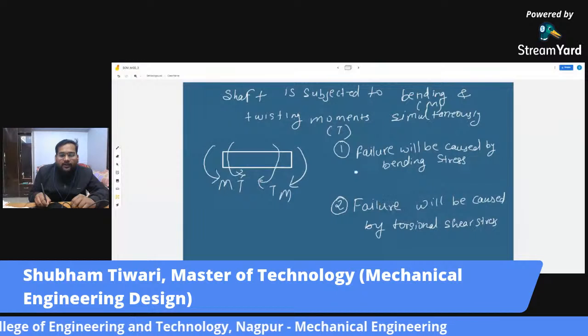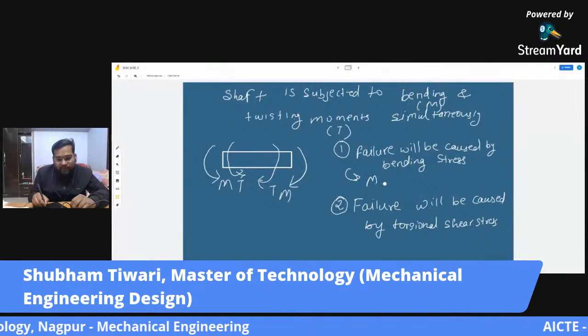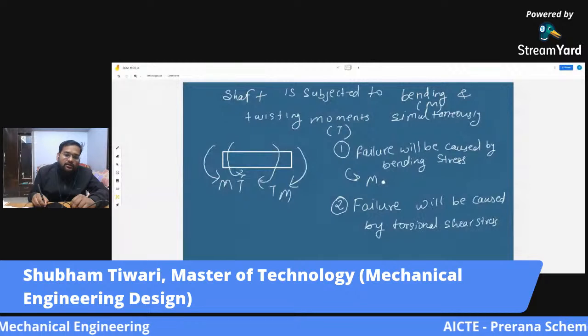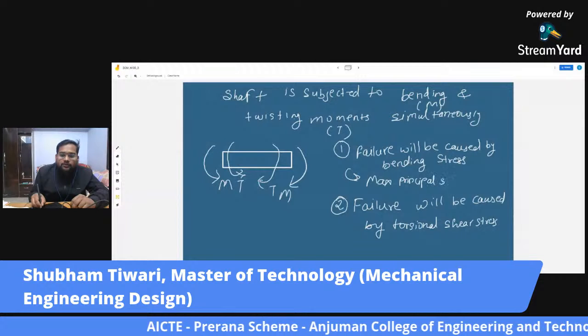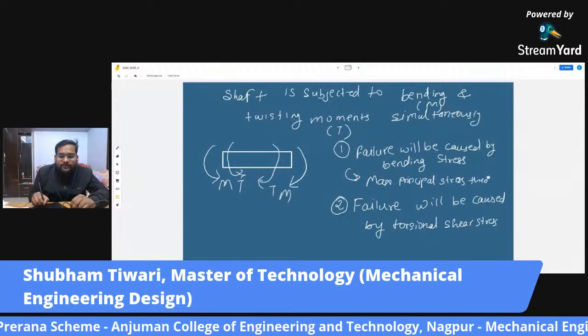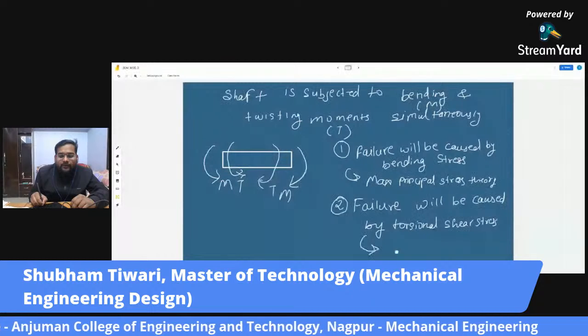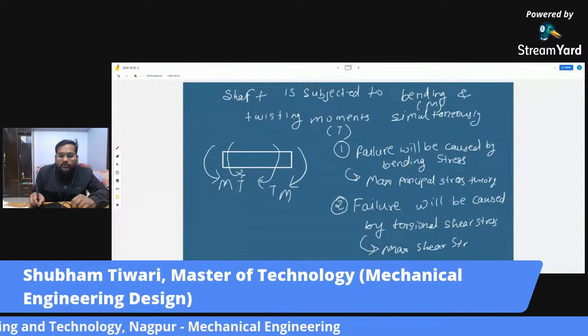Now, the first theory is backed by the maximum principal stress theory, and the second theory is backed by the maximum shear stress theory.